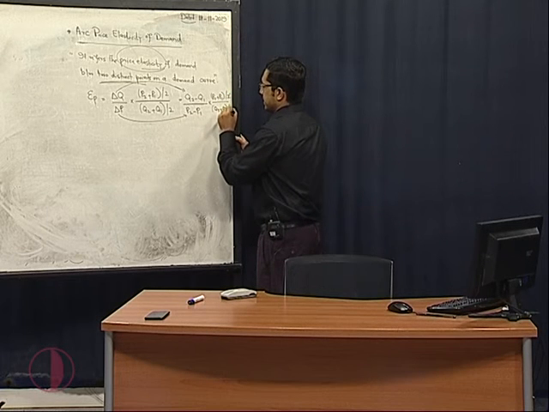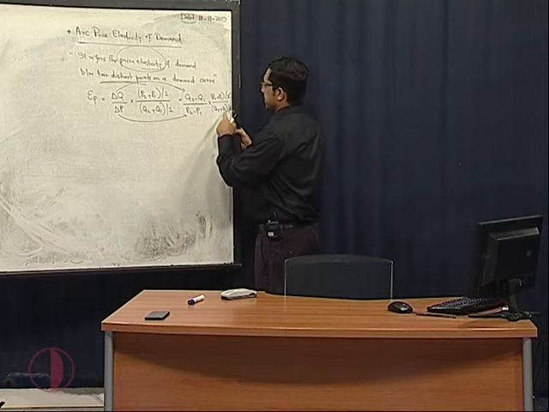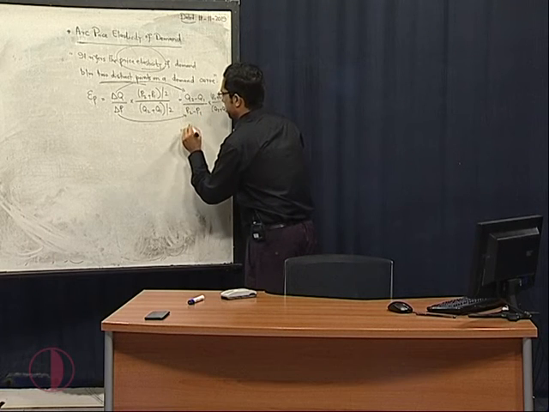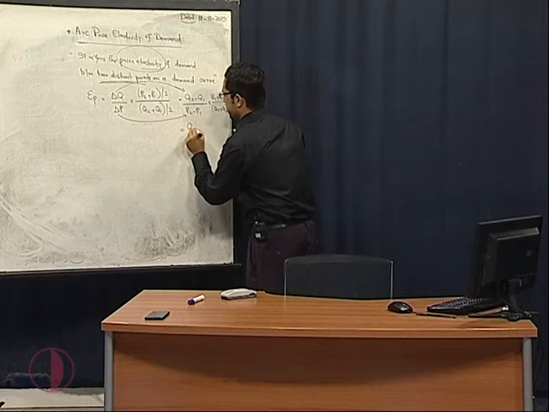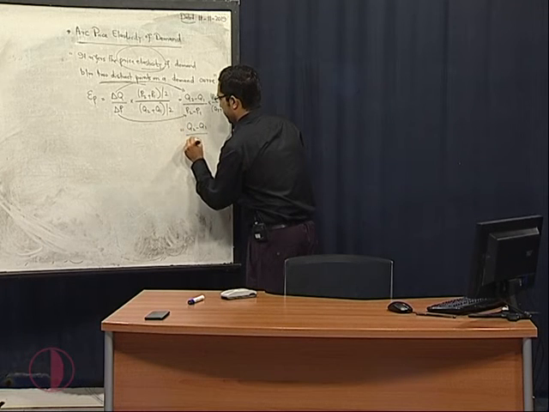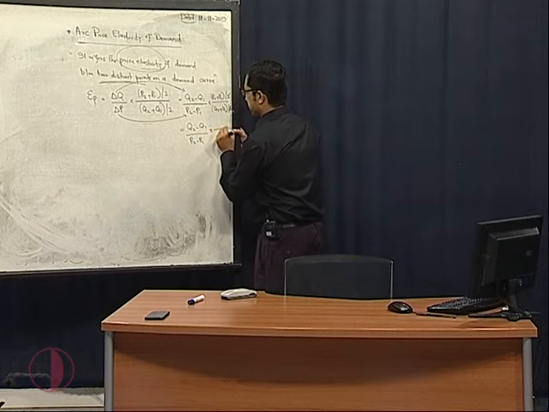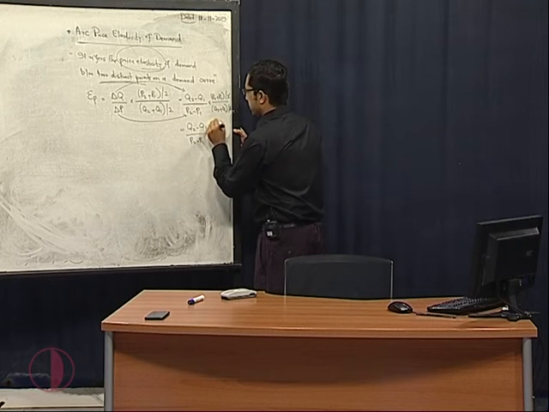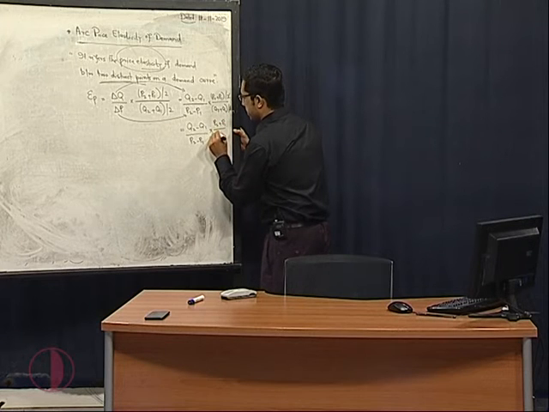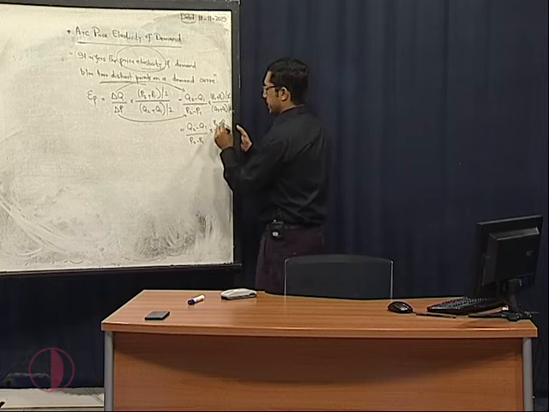We can cancel 2 from it. So we can write the remaining expression as Q2 minus Q1 divided by P2 minus P1, multiplied by P2 plus P1 over Q2 plus Q1.